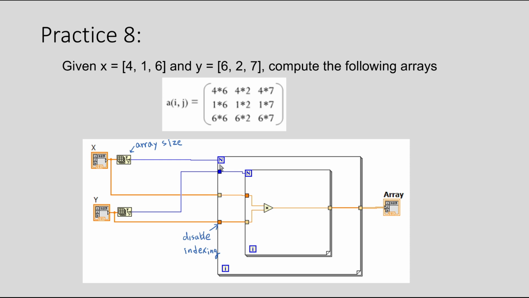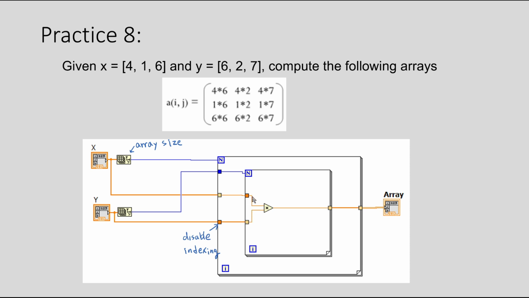Let's say at the beginning of the for loop, the 4 is passed through it. Then inside the for loop, the 4 just passes through; this one doesn't have any indexing. So this is 4. But inside the for loop, it iterates 3 times because Y has 3 elements. So the Y data passes through the outer for loop without indexing, which means 6, 2, 7 passes through it, and only inside the for loop is the 6, 2, 7 transferred element by element.